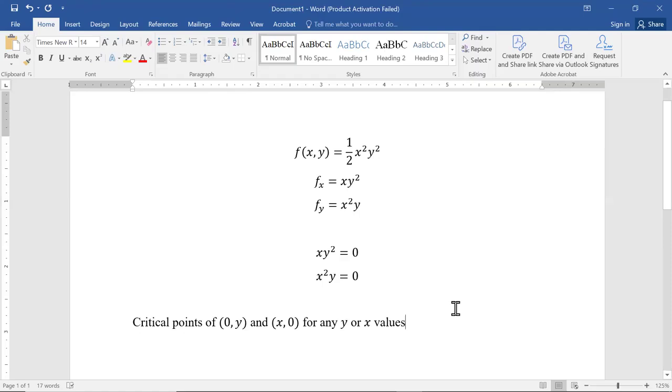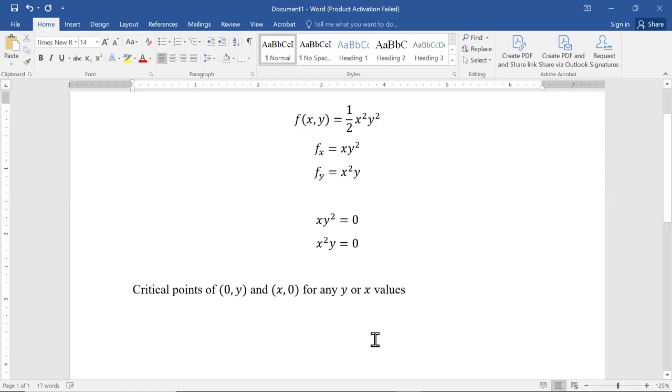Hopefully that makes sense. So 0, 1 is a critical point, 0, 3 is a critical point, 0, negative 80 is a critical point, 19 comma 0 is a critical point, 83 comma 0 is a critical point, negative 24 comma 0 is a critical point. So for any values there, we get critical points.